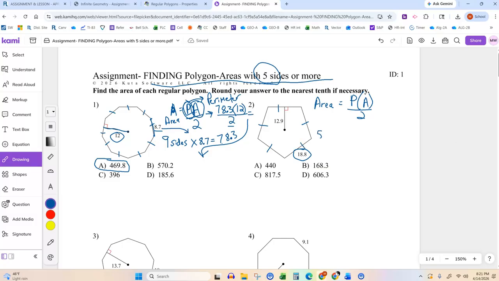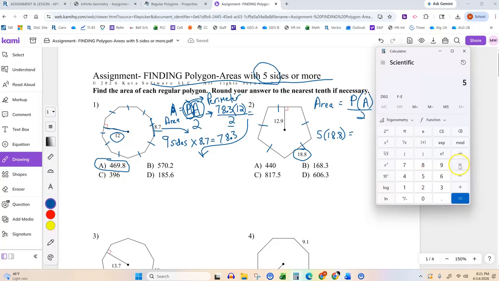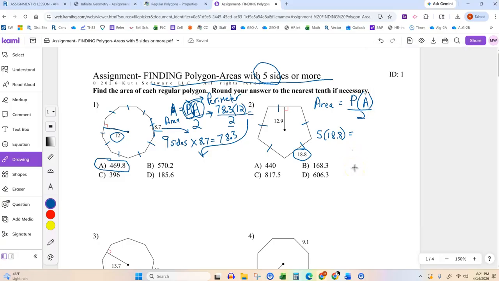So I'm going to go 5 times 18.8 equals, so that's our perimeter, that's 94. So I'm going to put 94.